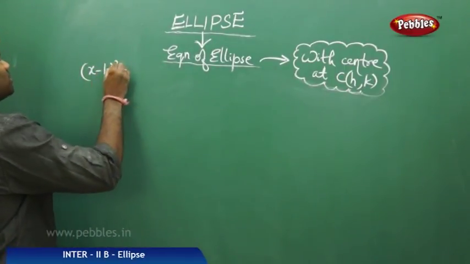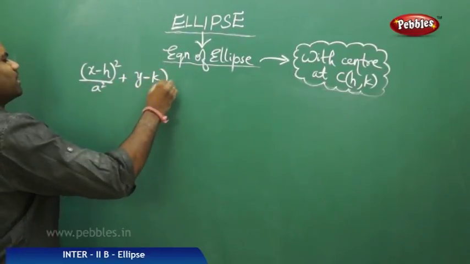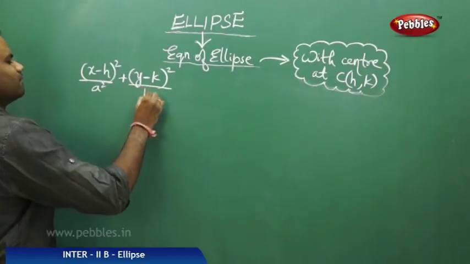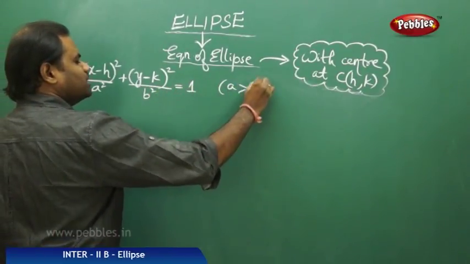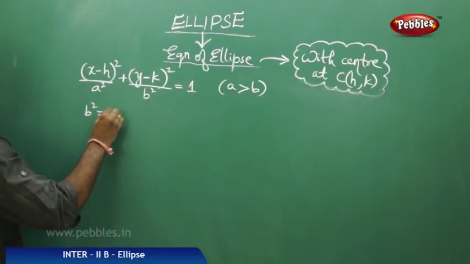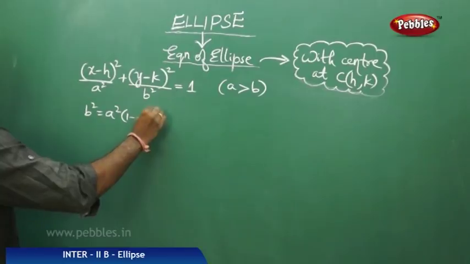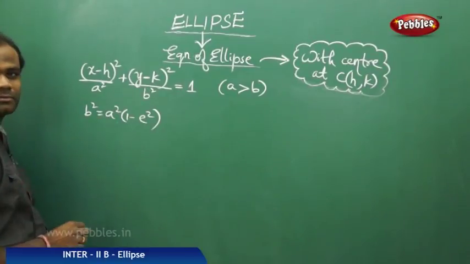Therefore, for the ellipse (x minus h) whole square by a square plus (y minus k) whole square by b square equal to 1, for a greater than b, we have b square equals a square into (1 minus e square), which doesn't change for any transformed equation. This is fixed.